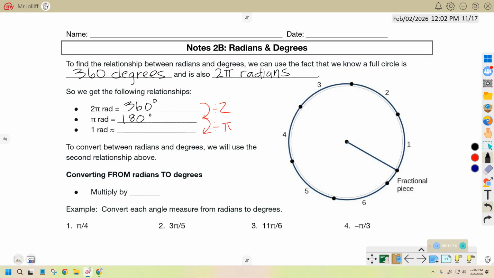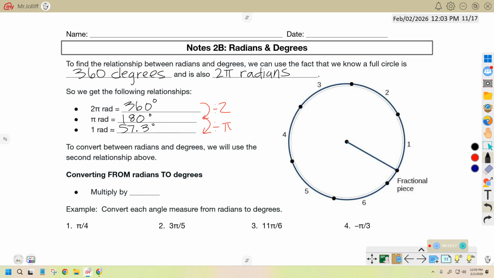We're in college trig now, no cheating. When I do it, I get approximately 57.3 degrees rounded. Like 57.29, something. I see nodding. Good.